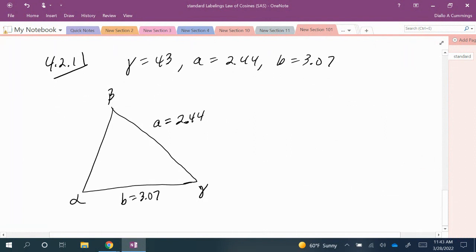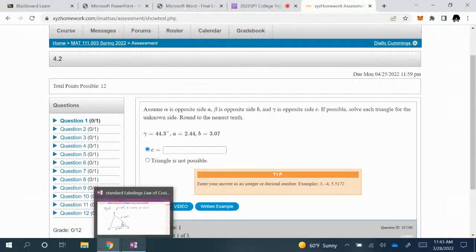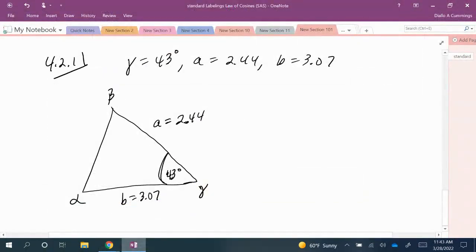And we're also given angle gamma. So if I go back to XYZ for just a second, I stand corrected.